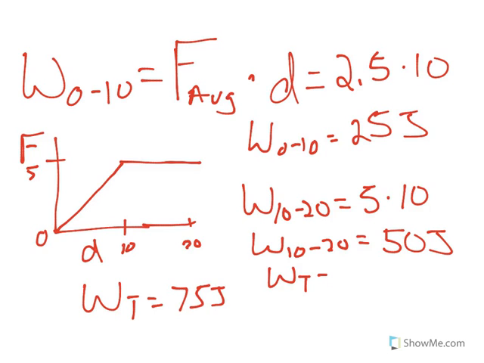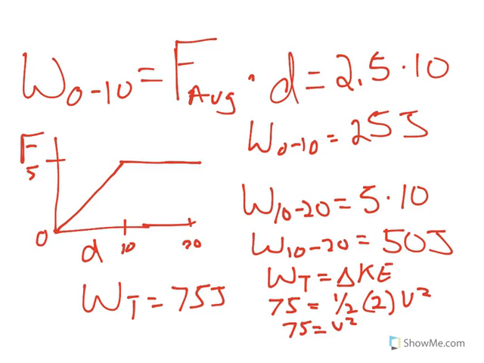And work total equals the change in kinetic energy. So, to figure out how fast it's going, we do 75 equals 1/2 times the mass of the object, which is 2, times v squared. So we get 75 equals v squared, square root, and v is equal to 8.66 meters per second.